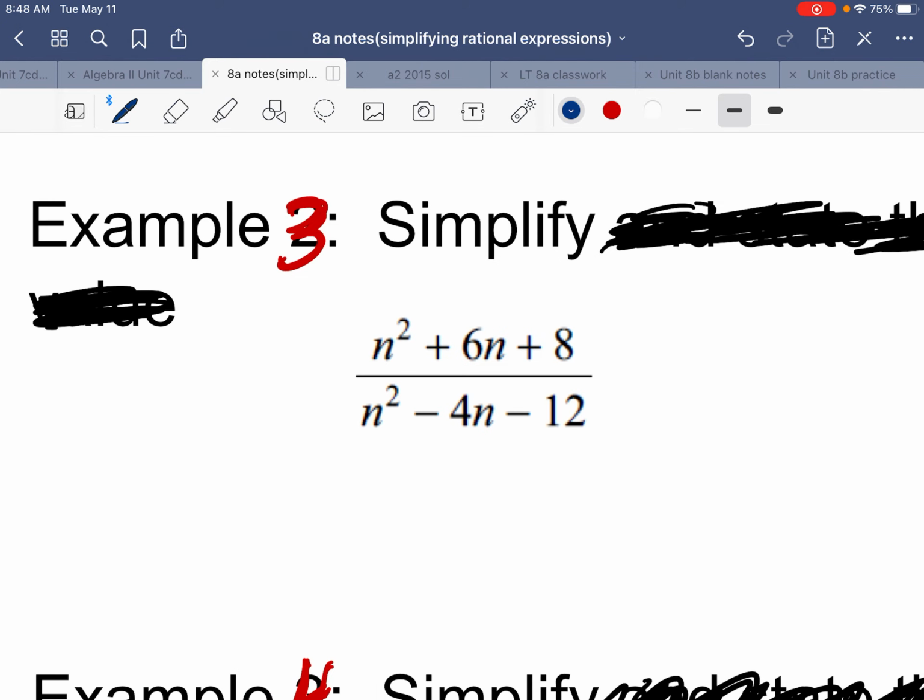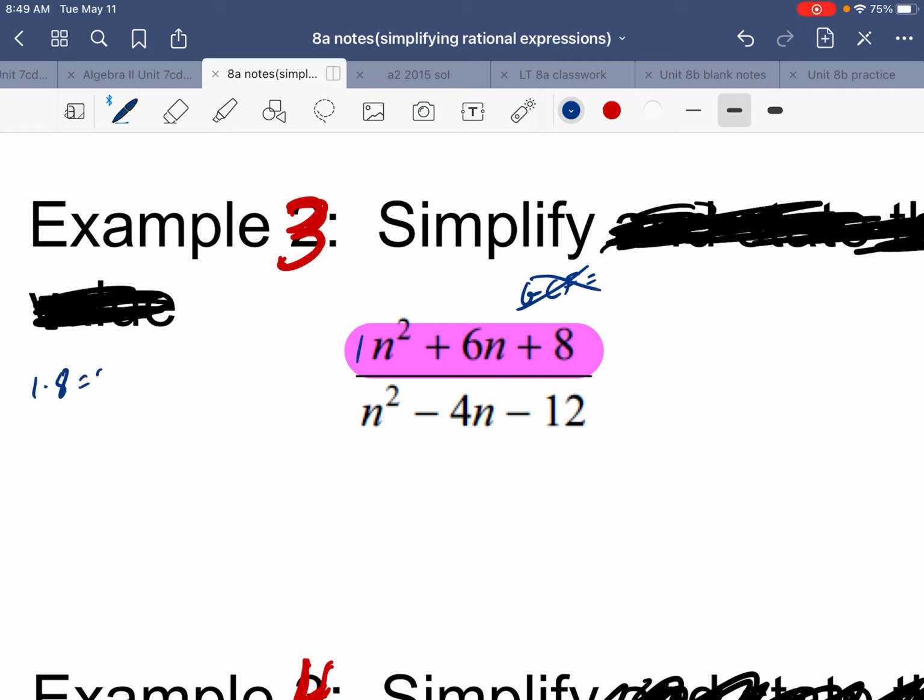Example 3. So we look to factor the numerator. Is there a GCF? We have 1, 6, 8, no, and there's no n on the 8, so no greatest common factor. But then this is a trinomial, 3 terms, and it's a quadratic, so we should look at a times c.